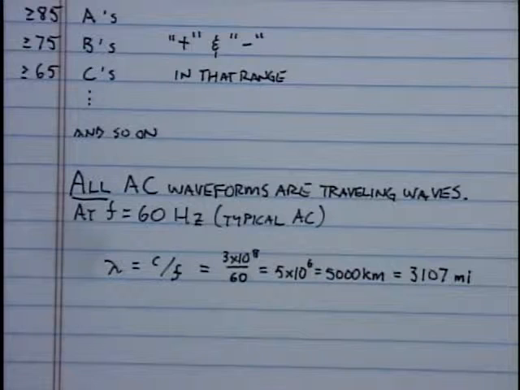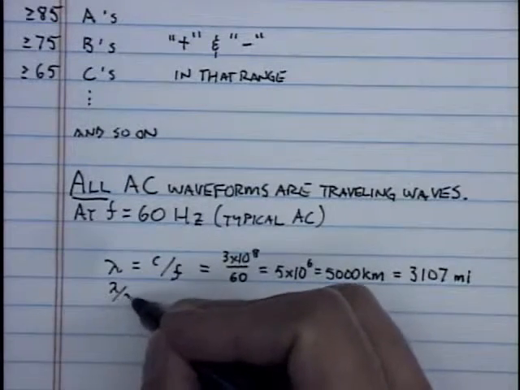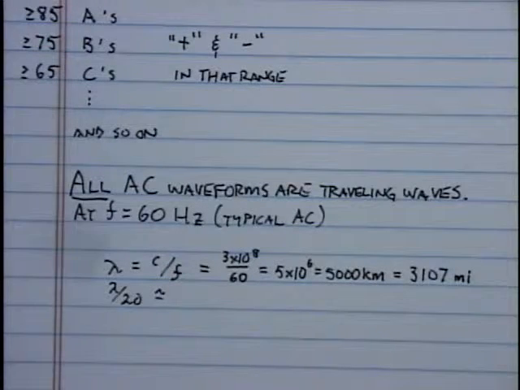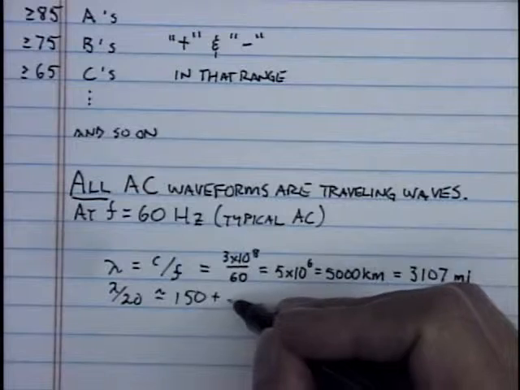You'd have to have a pretty darn big circuit in order for it to be bigger than a 20th of a wavelength. A twentieth of a wavelength? I don't know. Something like that.